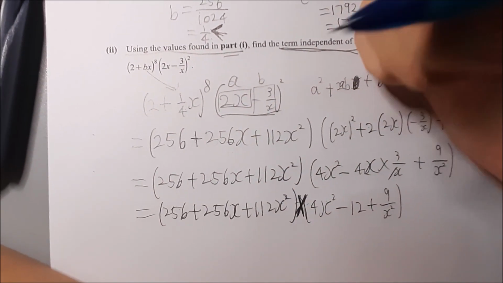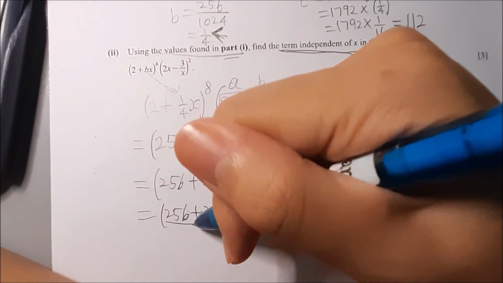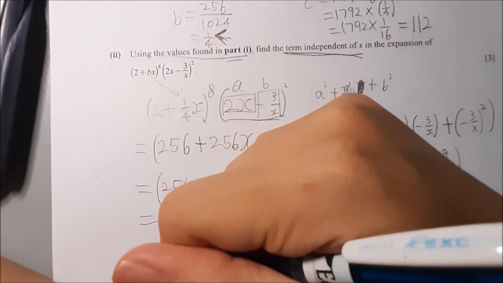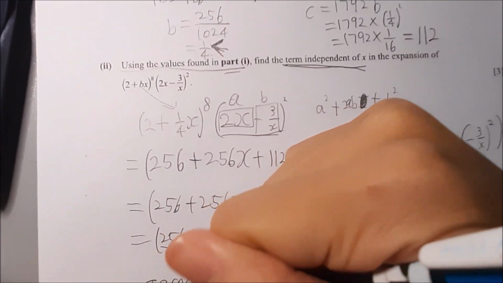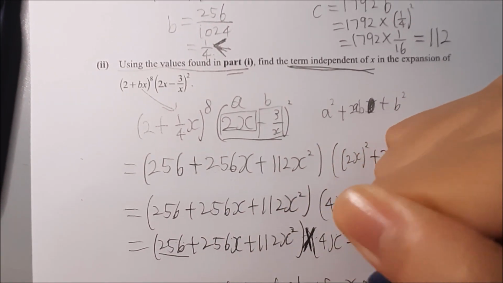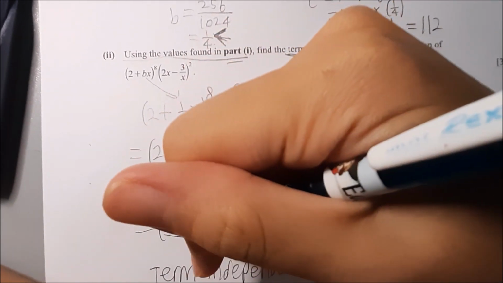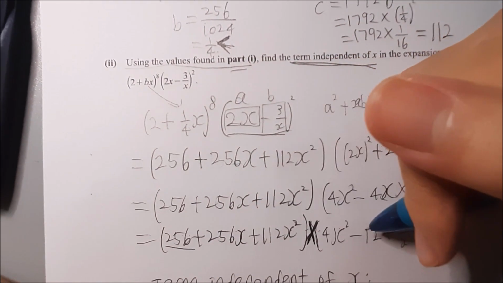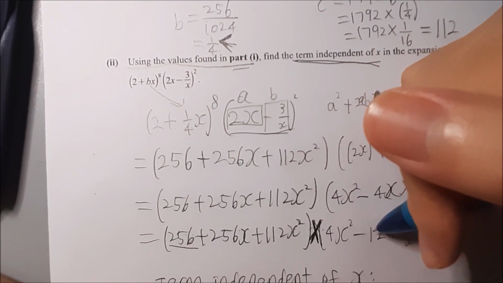So basically, let's say 256. So the term independent of x, the first one will be 256 multiplied by minus 12.